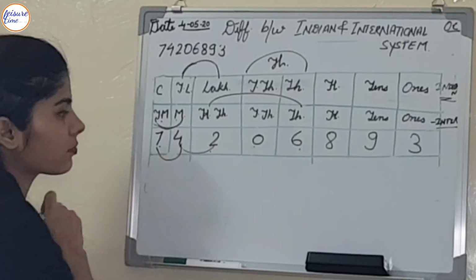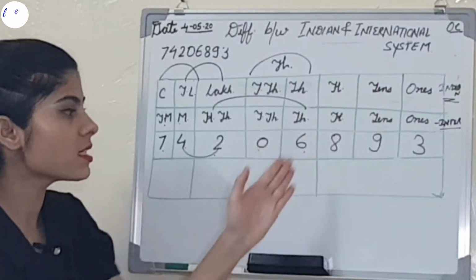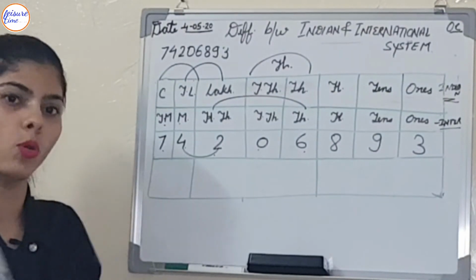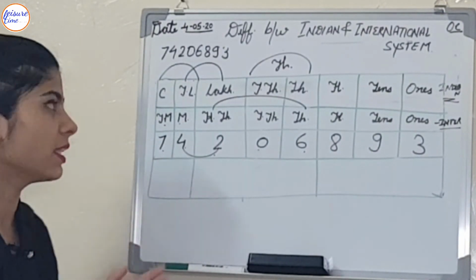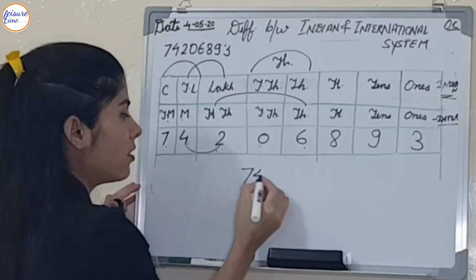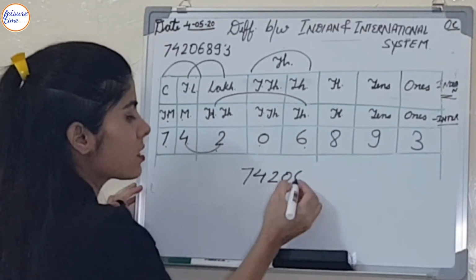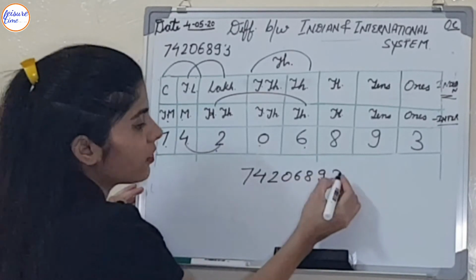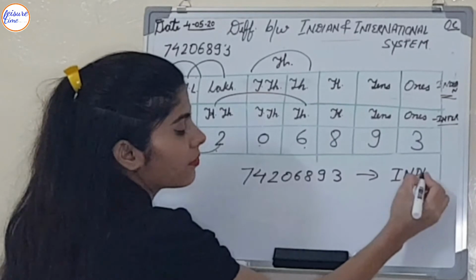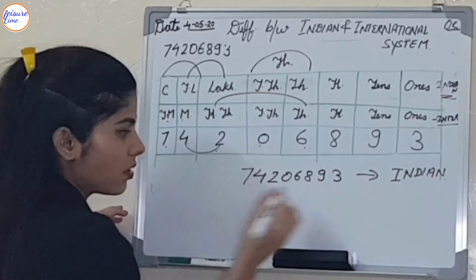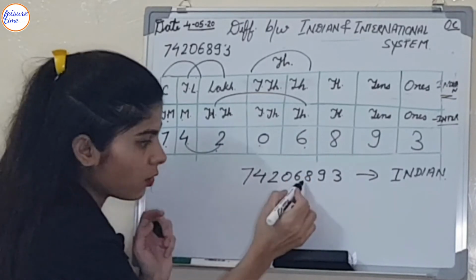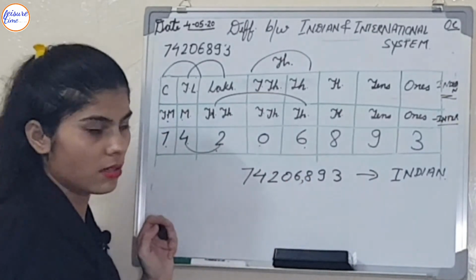Okay. Now see how you will write using commas for Indian and international both. We have the digits 7, 4, 2, 0, 6, 8, 9, 3. For the Indian system: ones, tens, 100, then a comma after 3 digits.